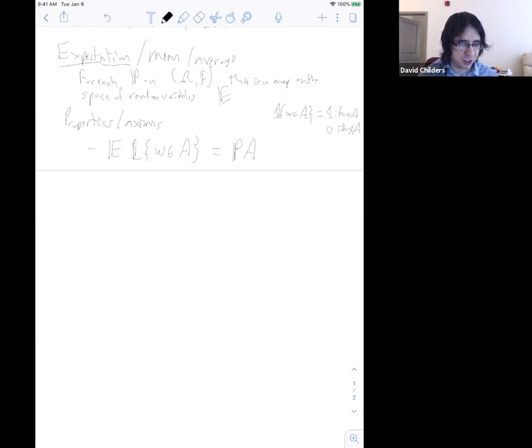And for those functions, the average of that function is just equal to the probability of the set over which it's defined. And that's true for any A in the set F over which a probability can be defined.